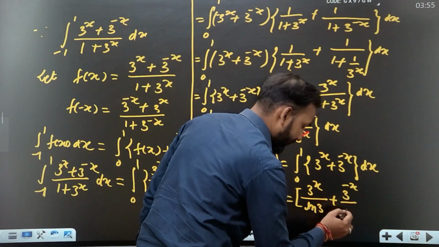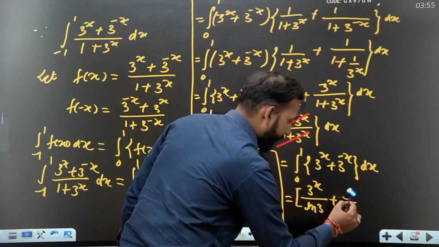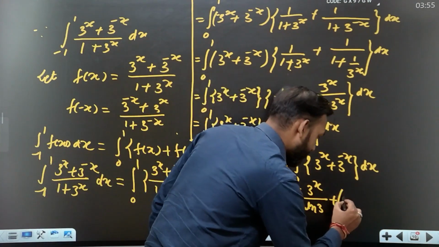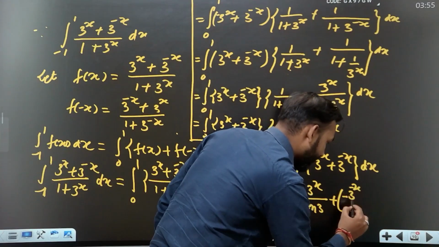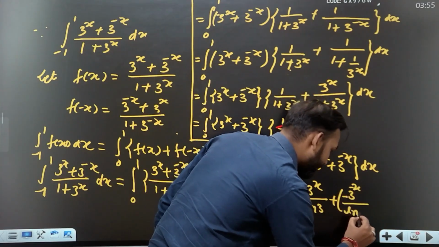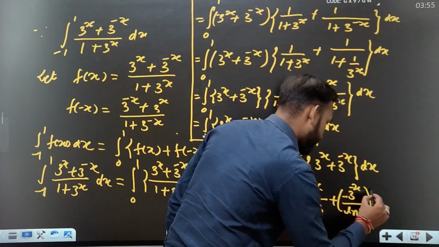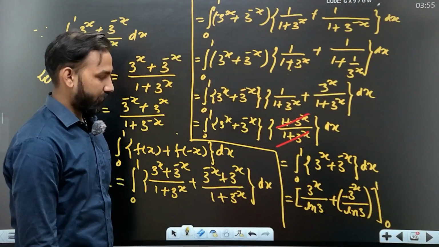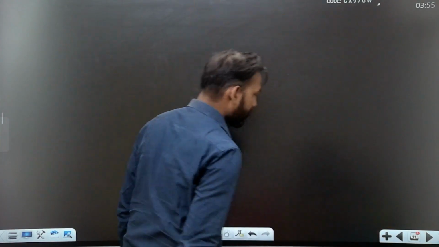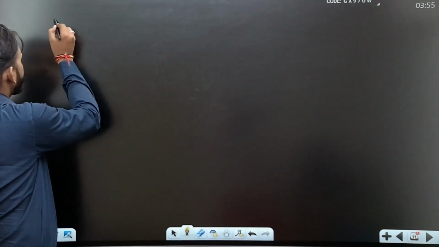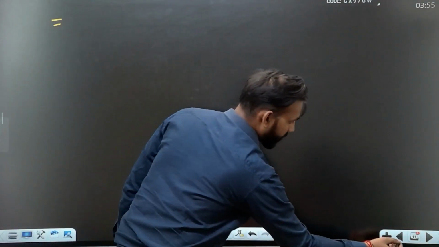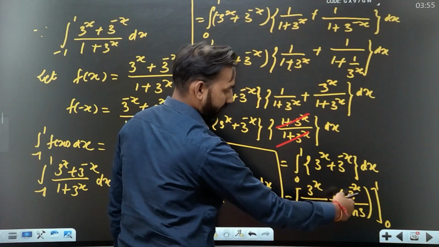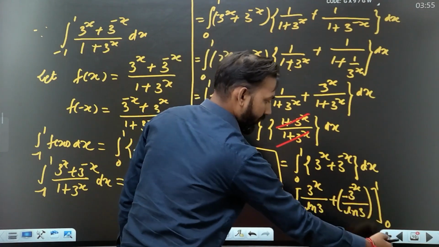Then if we integrate 3 to the power minus x, we get minus of 3 to the power minus x divided by ln 3. Yes or no? And limit is 0 to 1. Okay. Now further we calculate this thing, negative and 0 to 1.